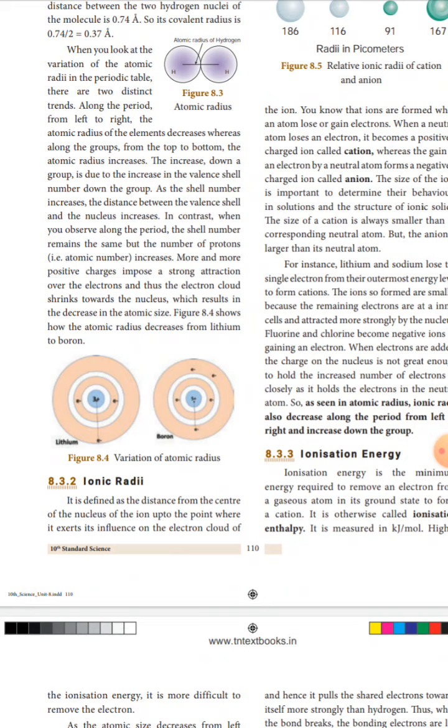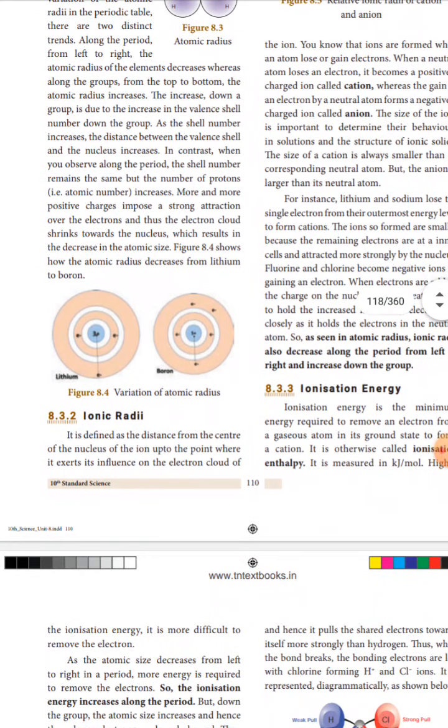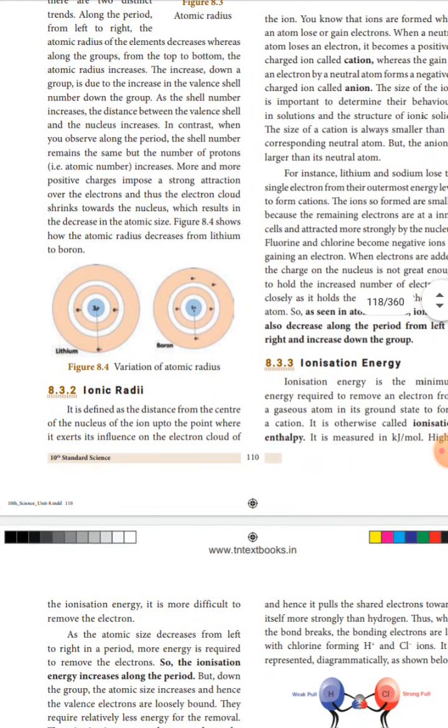But when we go from top to bottom along a group, what happens? See, the shell number increases. The force of attraction is not enough to bring the electrons towards the nucleus, so there will be no change of the electron cloud.